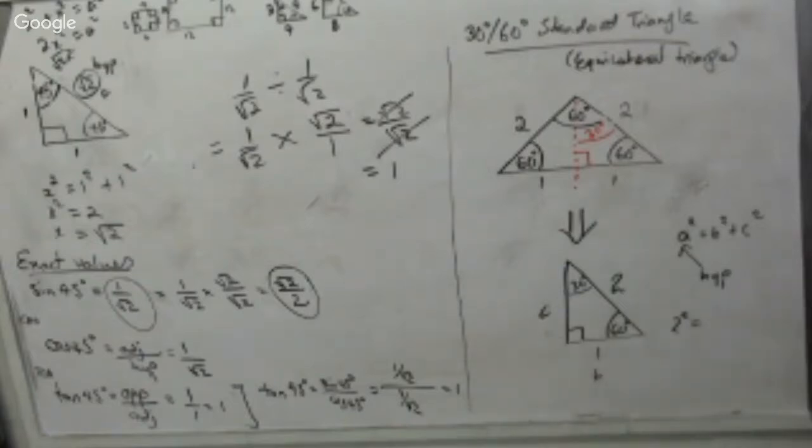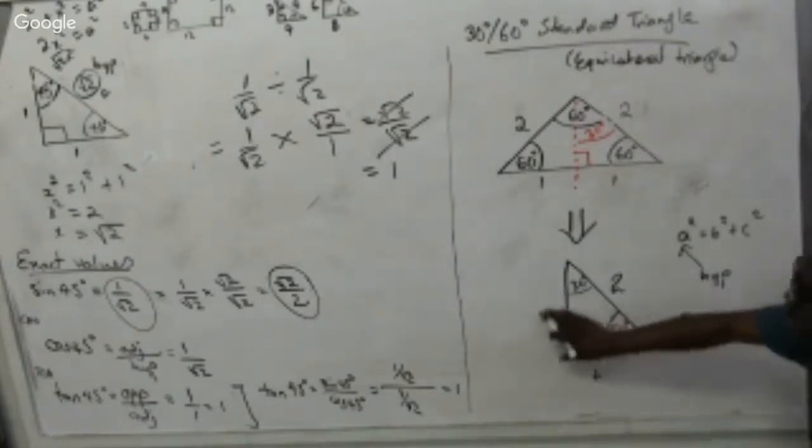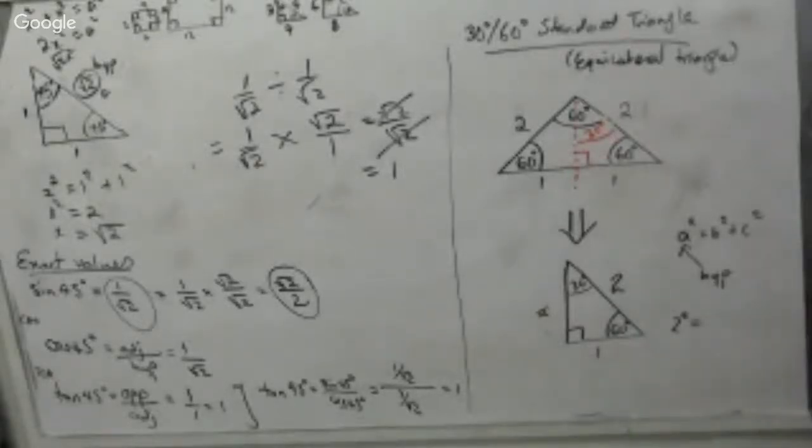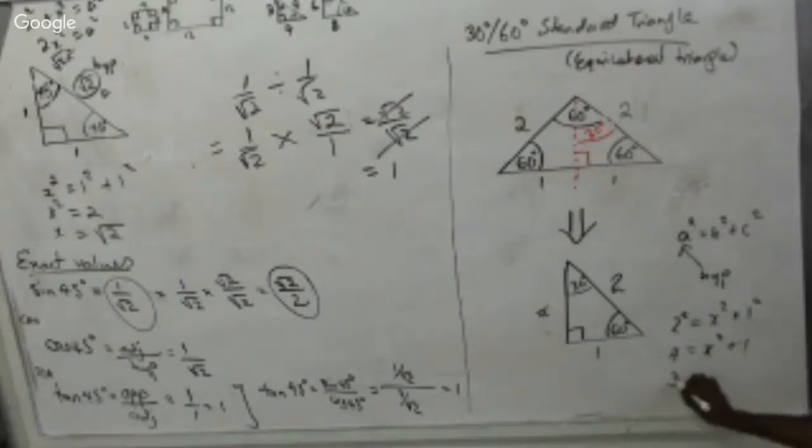But most times, guys, the unknown is just depicted by x. So I just know that the other 2 sides are these. So this is going to be x squared plus 1 squared. It's always the square of whatever they are. So I get 4 equals x squared plus 1. So 3 equals x squared. I went through this last week.